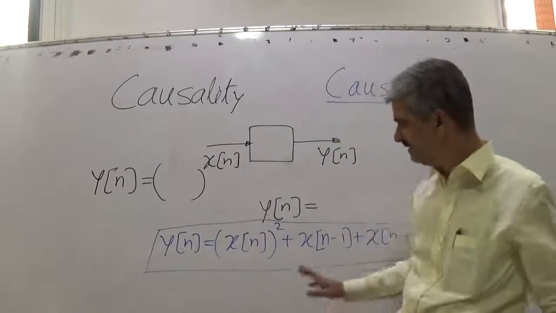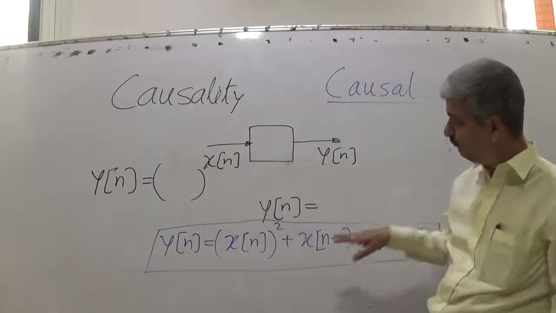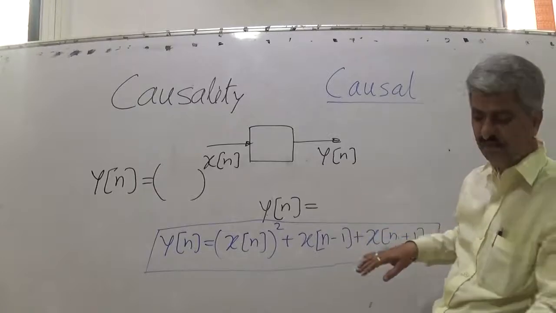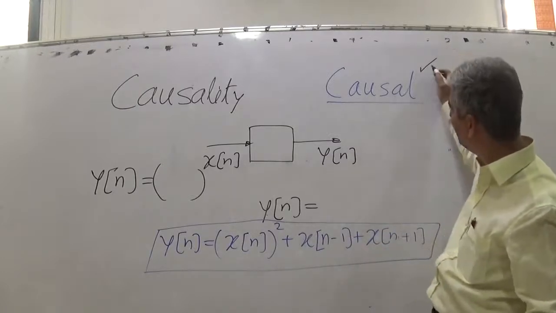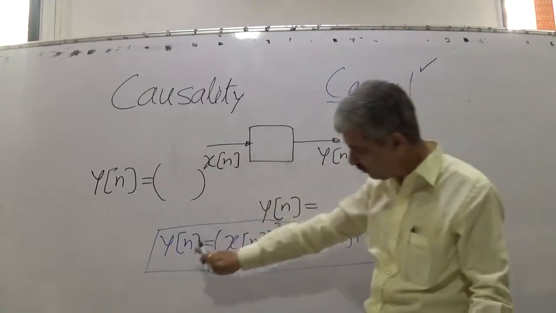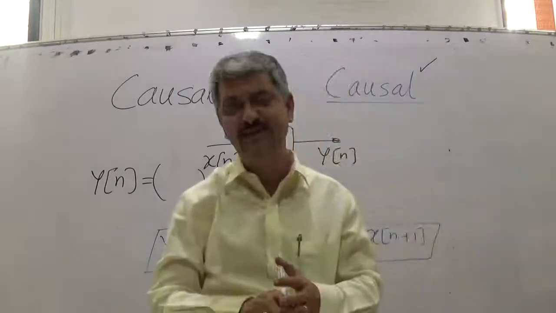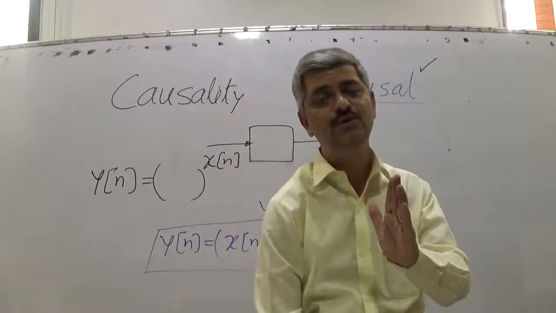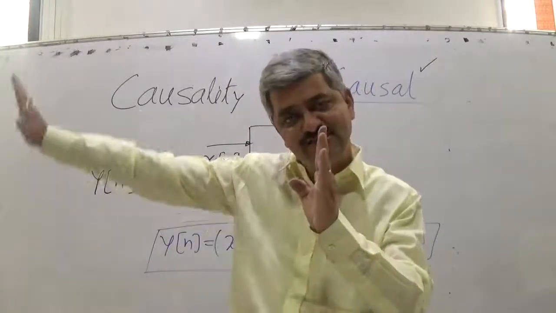In this case, linearity we are not bothered about. Now we are checking the property of causality. Listen very carefully: to compute the current output, you can depend only on current and previous inputs.